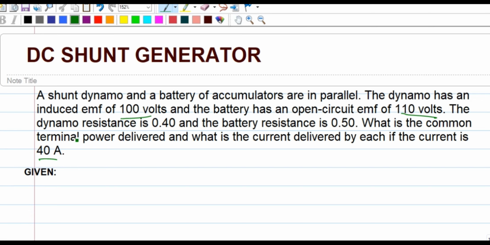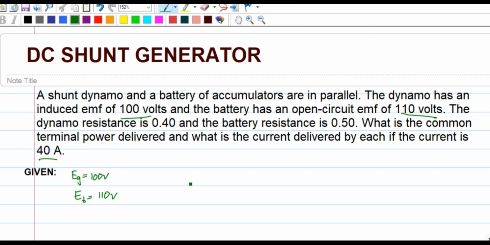So let's write the given. For the shunt dynamo, we have a generator induced EMF, so EG, of 100 volts, and a battery open circuit EMF, so let's write EB for the battery, 110 volts.